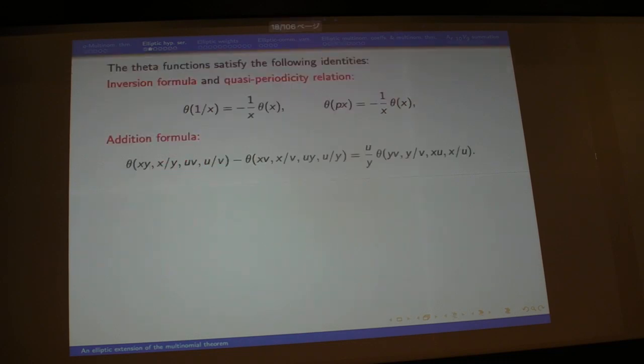Of course one can always generalize, but something has to carry over to the more general setting so that it makes sense. And of course we have some simple identities satisfied by these theta functions. This is the inversion formula, a rule for replacing x by 1 over x, and quasi-periodicity to multiply x by p. And more importantly, and more non-trivially, we have this addition formula.